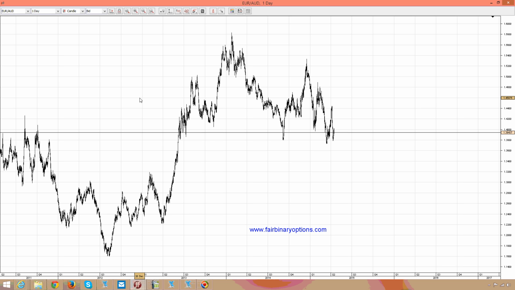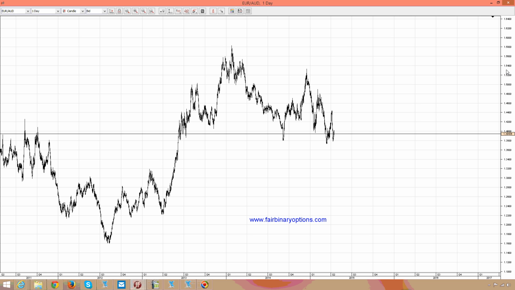But this is the euro Australian dollar on the bigger time frame, trying to avoid any possible volatility that we are having from the ECB. And I would say that this is quite a bullish setup on the daily chart on, again, the euro and Australian dollar. For the whole move that started from here, seems to be a bullish pattern.